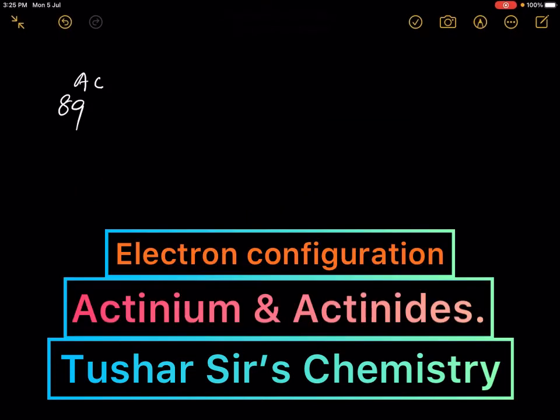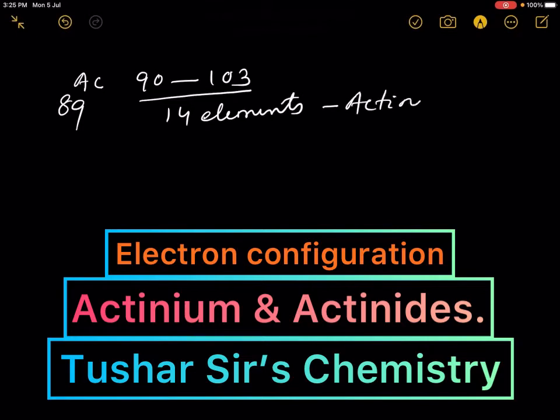Then from 90 to 103, 14 elements in the periodic table are known as actinides. These actinides are placed at the bottom of the periodic table to avoid the undue expansion of the periodic table.